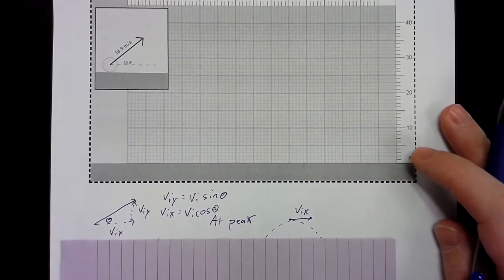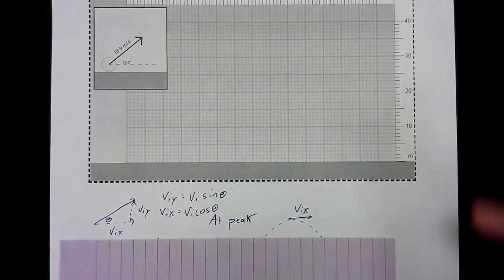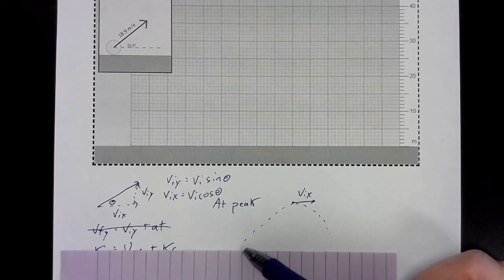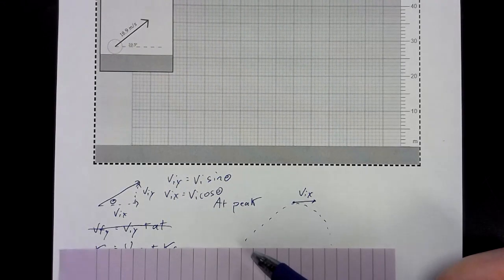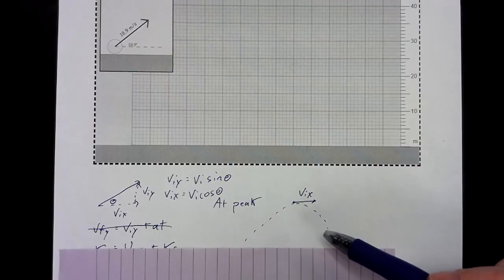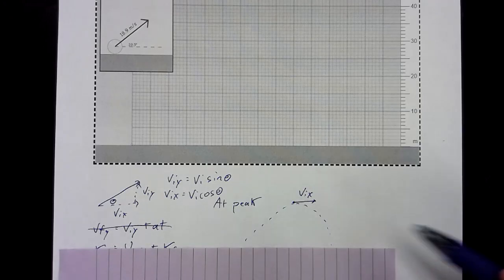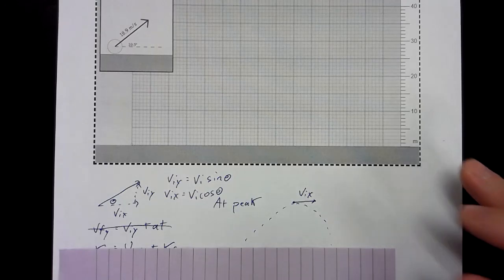Using our projectiles knowledge, we can break that initial velocity into the two components, x and y. Then draw a picture here, and you'll notice that it's going to follow that parabola-shaped path. Then at the peak, the velocity will not be zero. The velocity in the y direction will be zero, but the velocity in the x direction will be something, because it's going to continue moving in that direction.